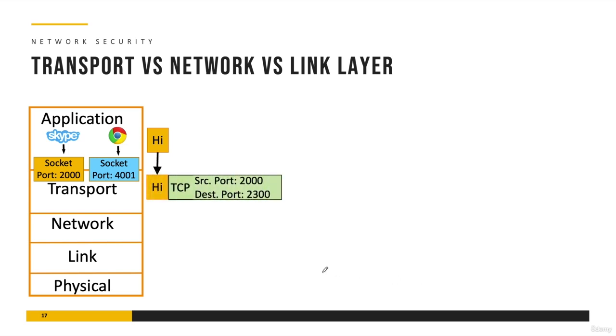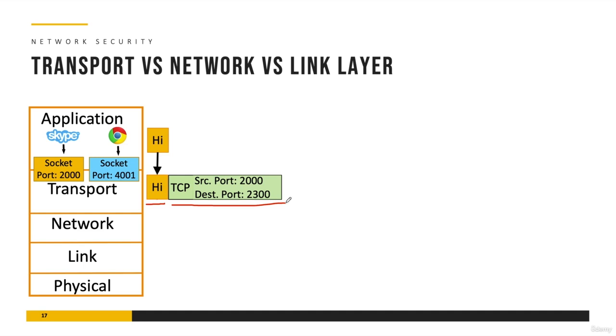Now the transport layer considers this as the message and adds its own header, which is the transport header, TCP header in this instance, which basically contains the source port number. So you see you have the source port number 2000 and the destination port number 2300, which is the port number to be used at the destination. The Skype at the destination would be running on this port.